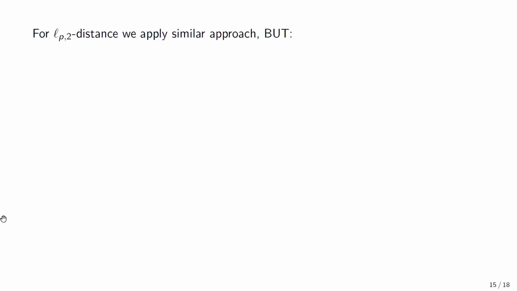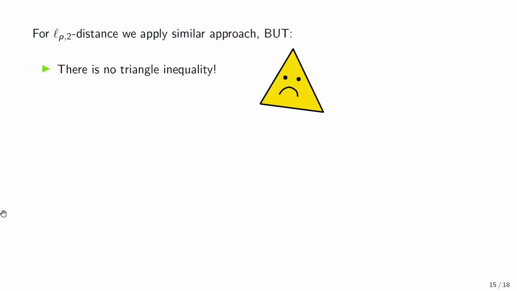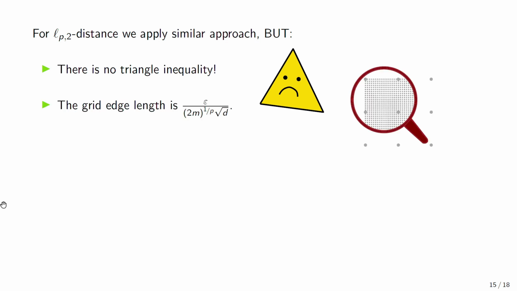We apply a similar approach for the LP distance, but there are some challenges here. First, we cannot use the triangle inequality, which does not apply to the LP distance for finite p. The second challenge is that the grid that we use has to be more dense.